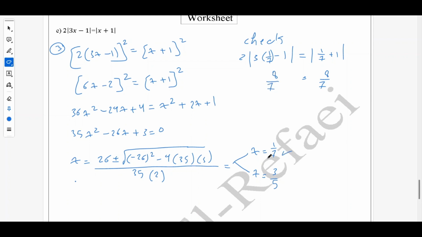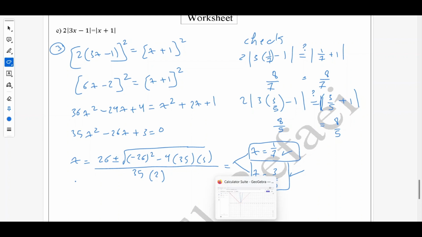So 1 over 7 is a correct answer. 2 modulus of 3 by 3 over 5 minus 1, does it equal 3 over 5 plus 1? This will be 8 over 5. The right side is also 8 over 5. So the other solution is also correct.